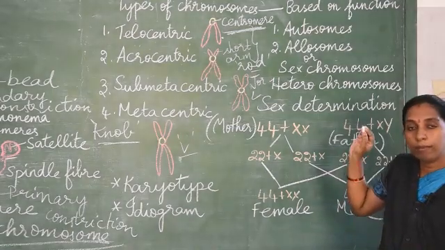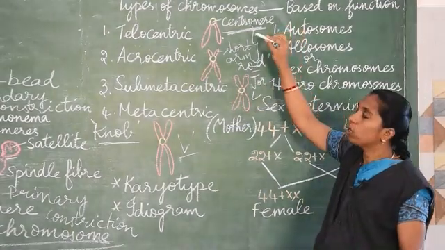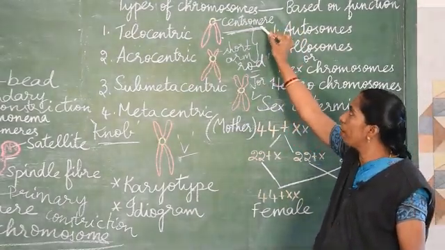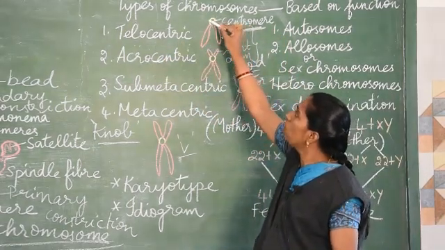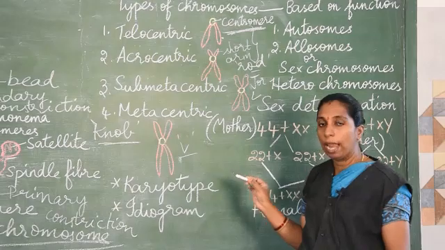So, different types of chromosomes based on the position of the centromere. The first one is telocentric, where the centromere is located at the proximal end.